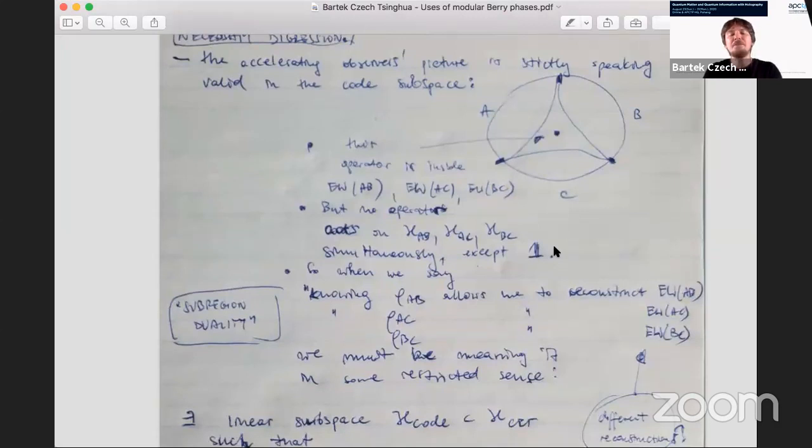So whenever we say that knowing rho AB, remember rho AB is an operator that acts on H_AB, rho AC is an operator that acts on H_AC, rho BC is an operator that acts on H_BC, allows me to reconstruct these entanglement wedges, that should mean that I should be able to reconstruct this operator. But then this operator would be acting on AB or on AC or on BC, and there is no such operator.